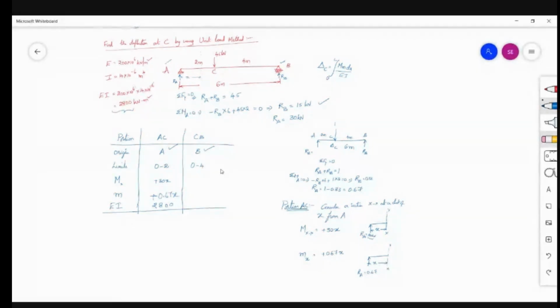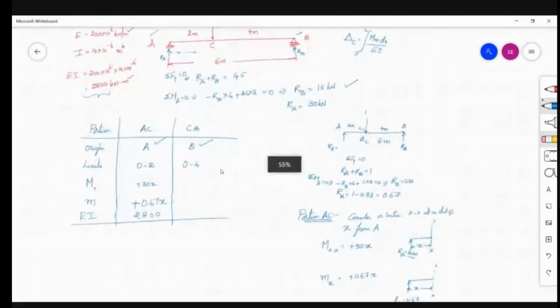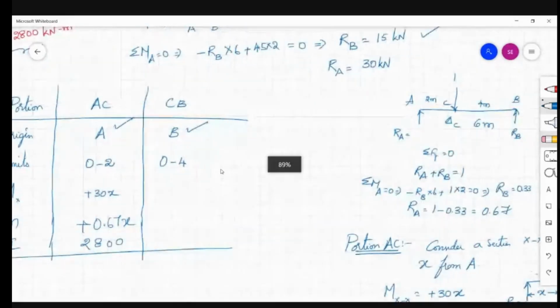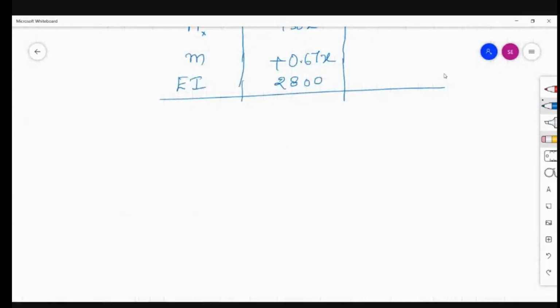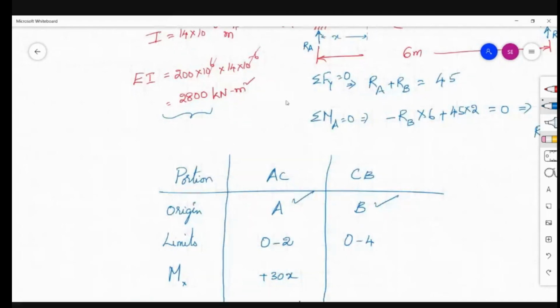Here, for the CB portion, now once again take the CB portion, or portion BC. Your origin is B, hence consider the free body diagram.